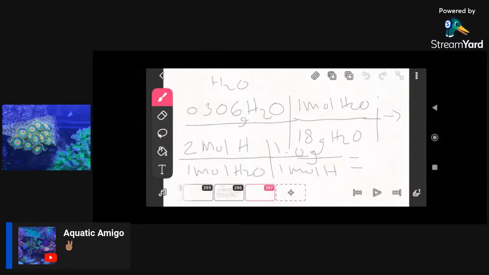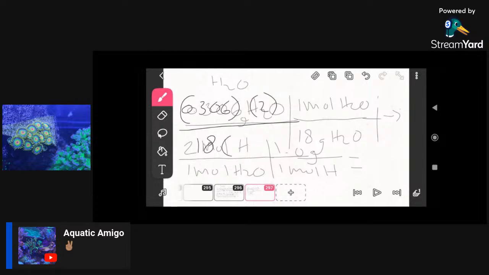So we're going to multiply the 0.306. We don't need to put the grams. Times 2, divided by 18 times just 1.